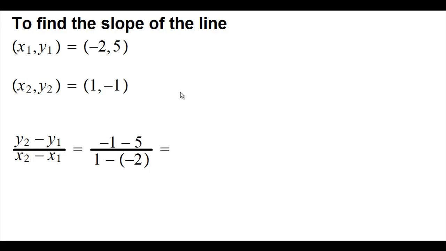So that becomes negative 6 over 1 plus 2, that is, negative 6 over 3. That is, negative 2 is the slope of this line.